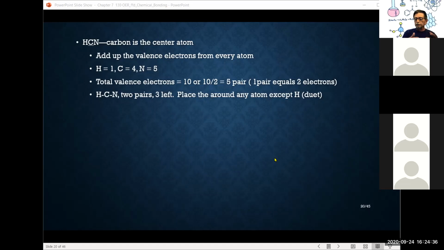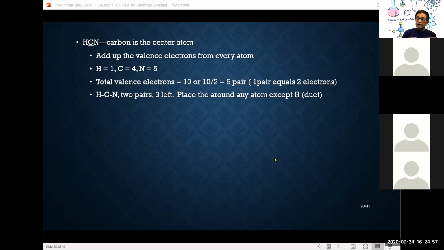Now, where you put them doesn't make a difference, except you can't put them back on hydrogen. Why? Because hydrogen's duet has been fulfilled. If you look at that structure there, we got a line or a bond between the carbon and hydrogen. Those 2 electrons are being shared by hydrogen and carbon.